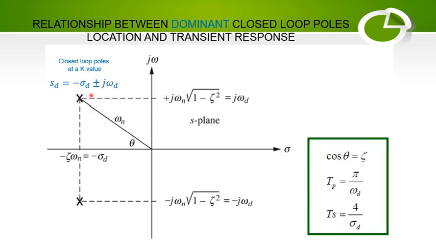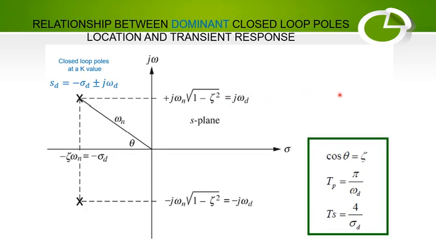This pole is called the dominant pole because it dominates the transient response of the system. So the dominant pole s_d is minus sigma d plus minus j omega d, where sigma d is the real value of the poles, while omega d is the imaginary value of the poles.